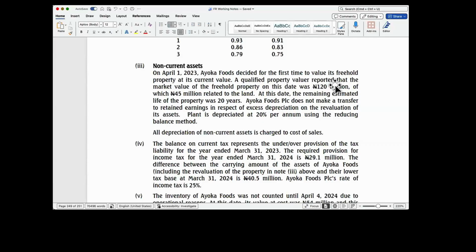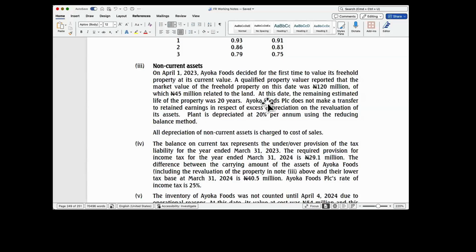And out of these 120 million, 45 million relates to land. So whenever you are given that, at the date of that revaluation, you need to compute revaluation surplus or revaluation deficit. That you need to do first. When you have done that, then you can do your depreciation and all that.